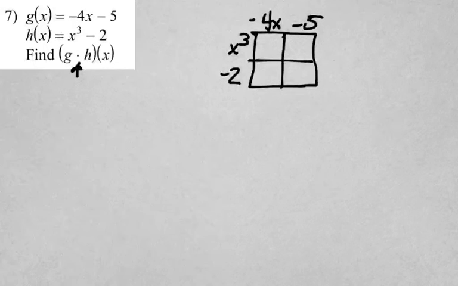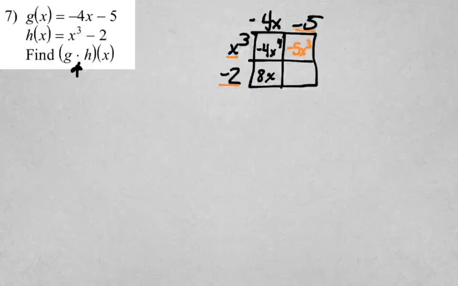And then I'll just take and do the multiplication. So that's going to be negative 4x to the 4th. Negative 4 times negative 2 is going to be a positive 8. And I just have 1x. Now I'm going to do the next column. X cubed times negative 5 is going to be negative 5x cubed.